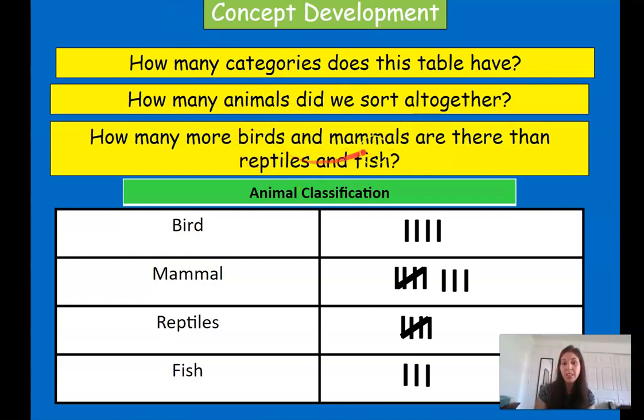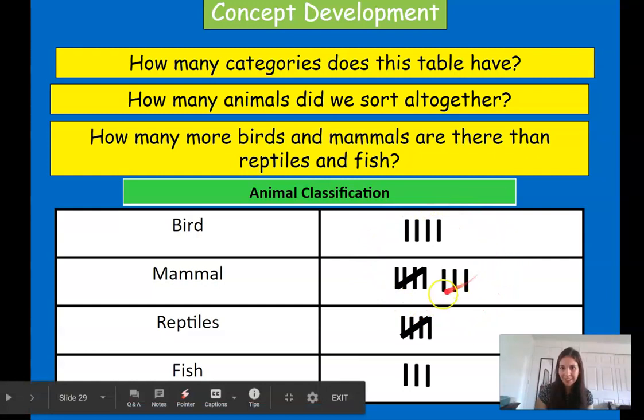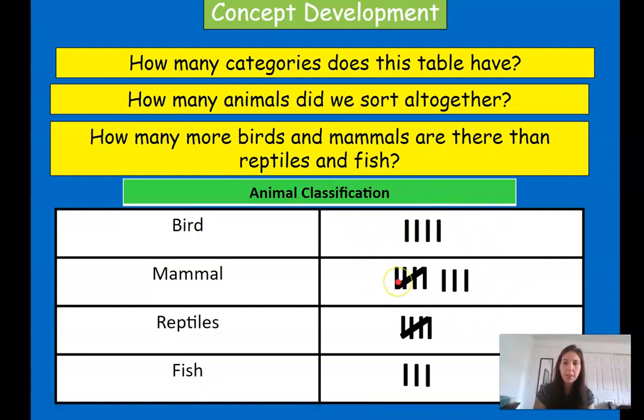Birds, we have 4. Mammals, we have 5, 6, 7, 8. So birds and mammals together, how many do we have? We have 12. Very good.